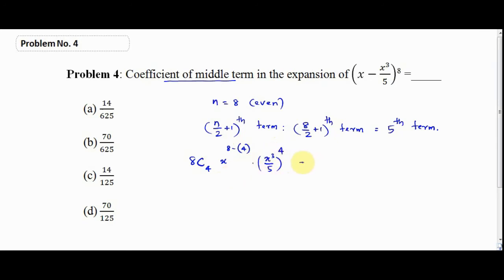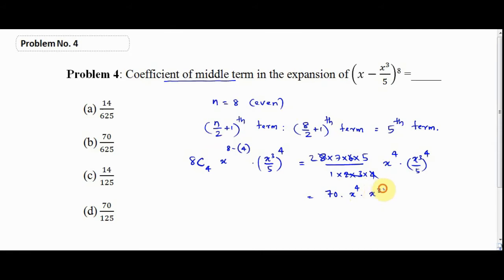So this will be the 5th term, which will be equal to (8·7·6·5)/(1·2·3·4) into x^4 into (x³/5)^4. Now we may simplify this. 2 into 3 is 6, so the 6 and 6 can be cancelled. Now 8 by 4 will be 2, so we are having 70·x^4 into (x³)^4 into (1/5)^4, since 1/5 is a constant that we may take outside.